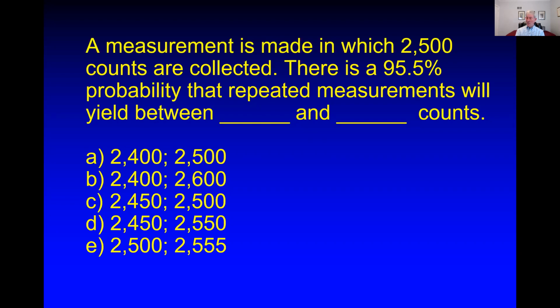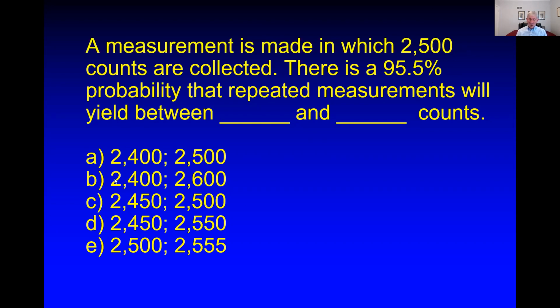50. 50, right? So if the count rate is 2,500 and sigma is 50, then you want 2 sigma, because 95.5% correlates to 2 sigma. So we're going to say 2,500 plus or minus 2 sigma. That would be 2,500 plus or minus 100.